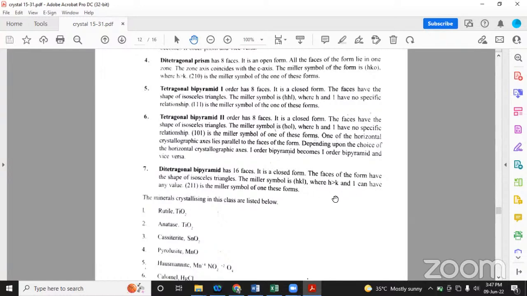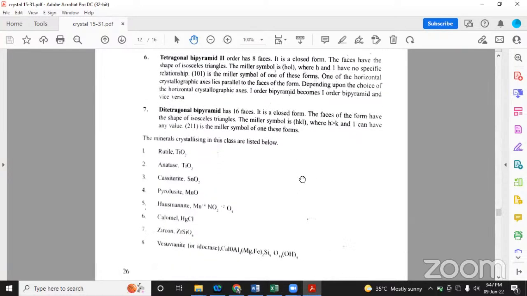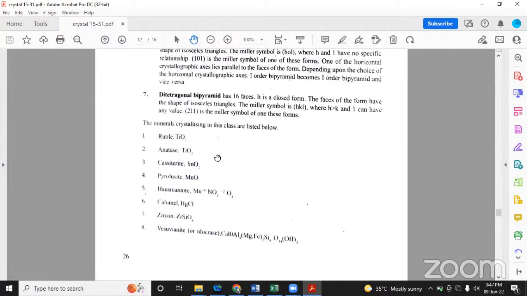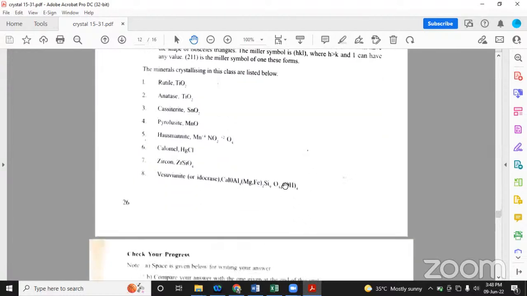There are example minerals of these forms. Rutile has the chemical formula TiO2, then anatase, cassiterite, pyrolusite, osmanite, calomel, zircon. This is a zircon type. Remember it: zircon type is a tetragonal system, and the cubic system is a galena type. Bismuthite or hydrocerussite. These are chemical formulas of the minerals.